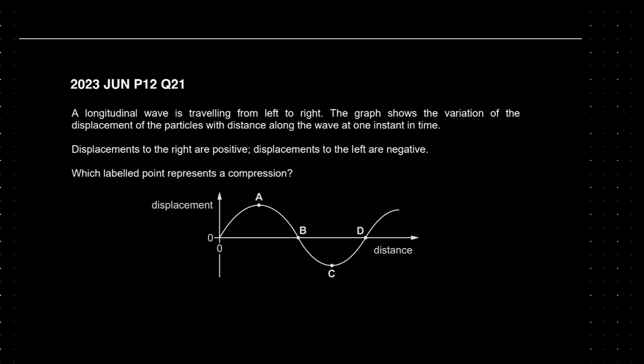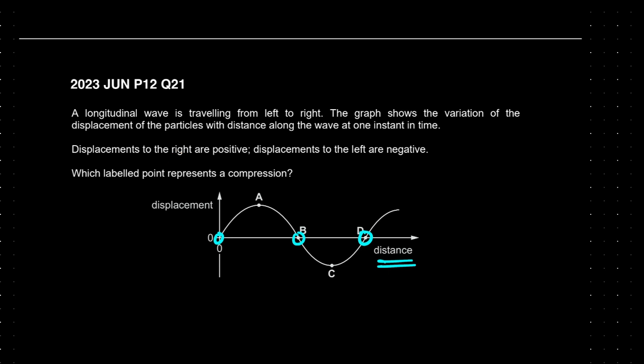Again, how do we look at this on a displacement distance graph? So if you look at this, this is where the displacement is 0. This is also where the displacement is 0. This is also where the displacement is 0, right? For a compression, how do we talk about where this compression would lie in terms of a displacement distance graph?